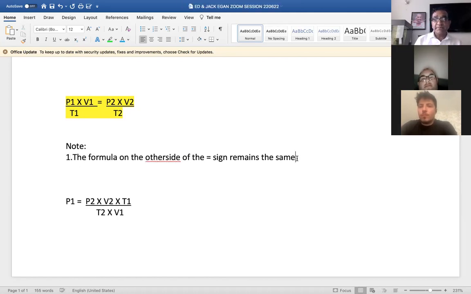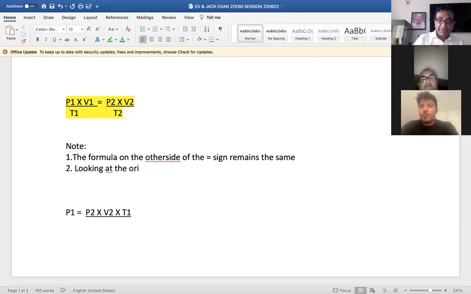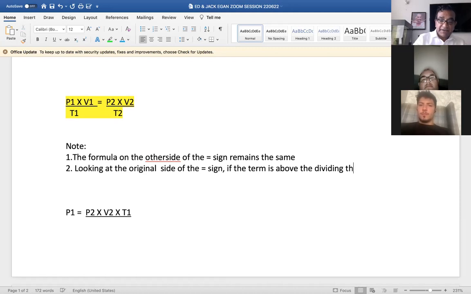Now, point number two: looking at the original side of the equal sign, if the term is above the dividing line, then we move it to the bottom of the line.